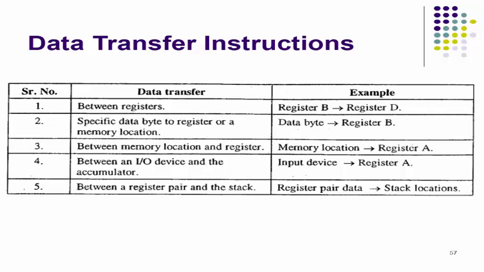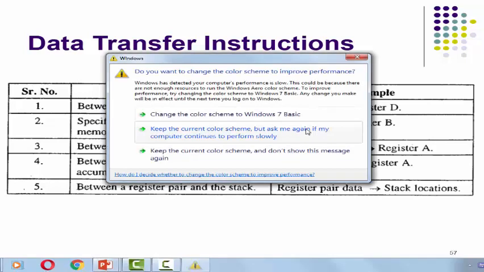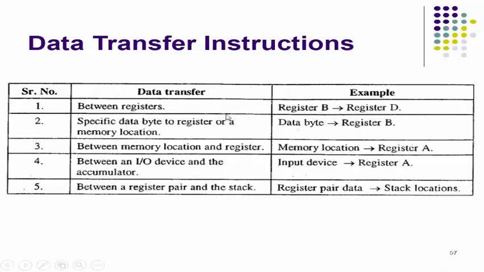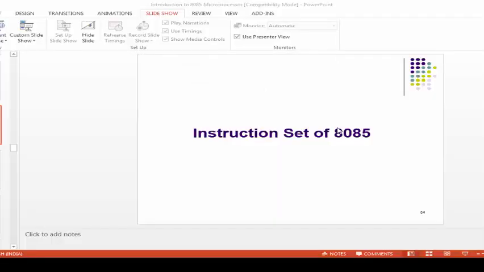As I said, the data transfer group of instructions consists of the transfer of data between registers, for example the contents of the B register get copied to the D register. Second, a specified data byte to a register or a memory location.